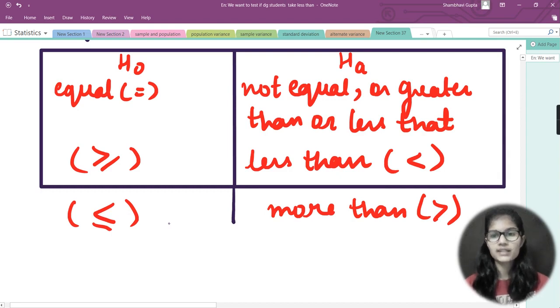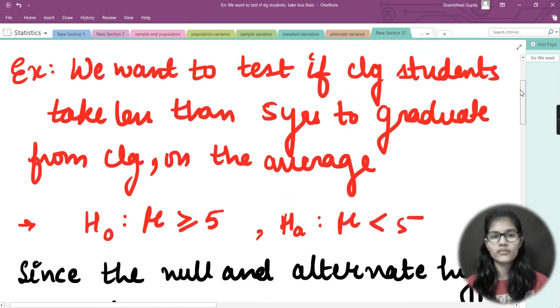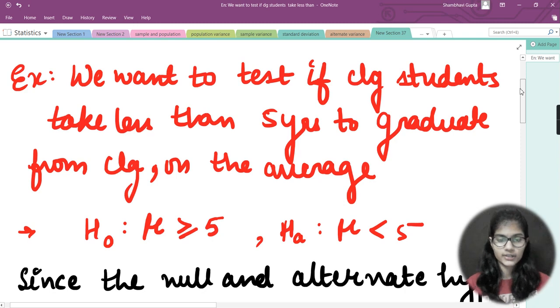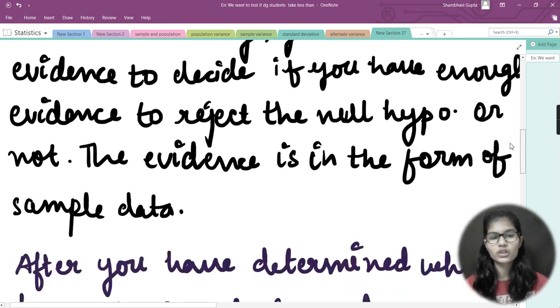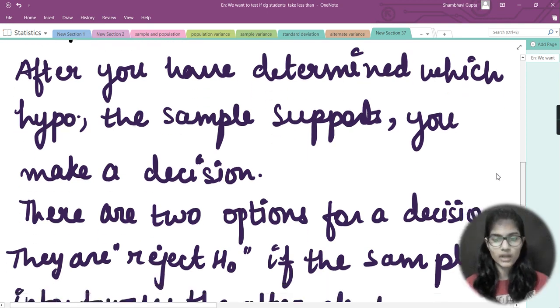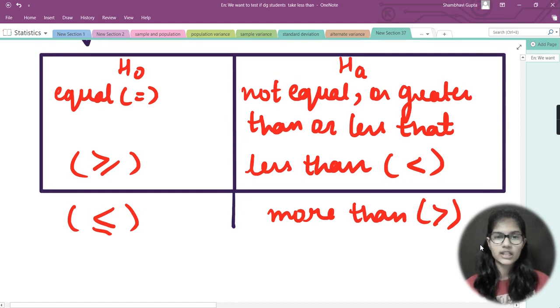I hope that till this point you have got a clear idea regarding the null hypothesis and the alternate hypothesis. We also saw that once you have categorized it as null or alternate, you then make the decision. And I have given you some conditions regarding H naught and HA as well.